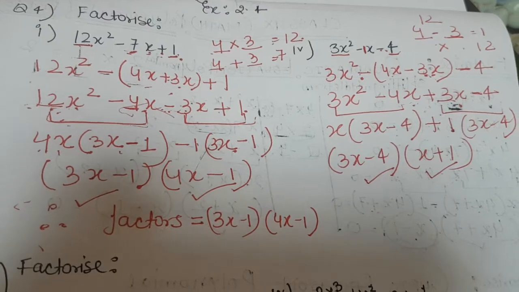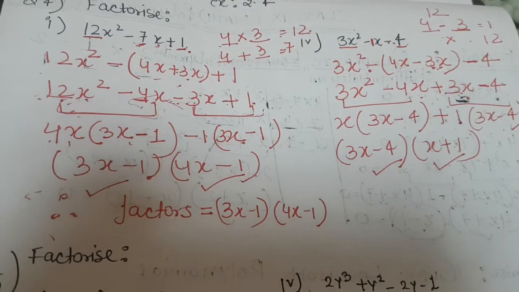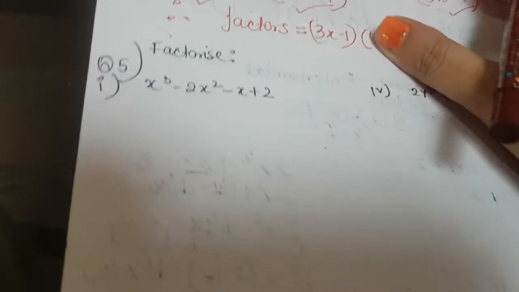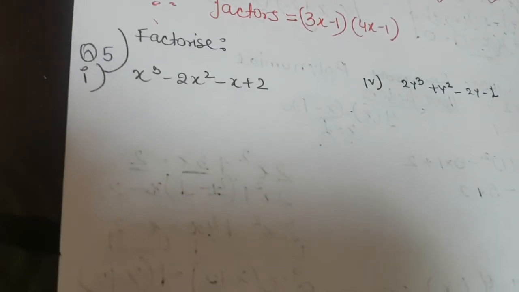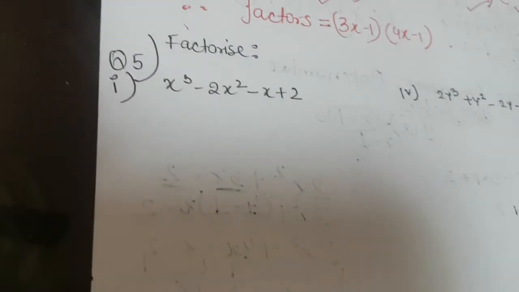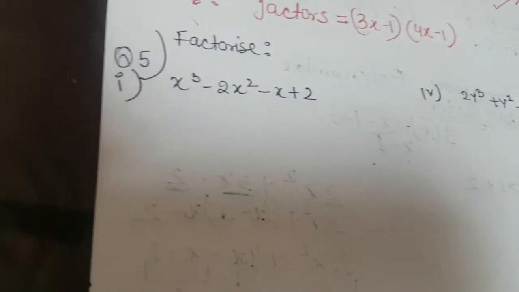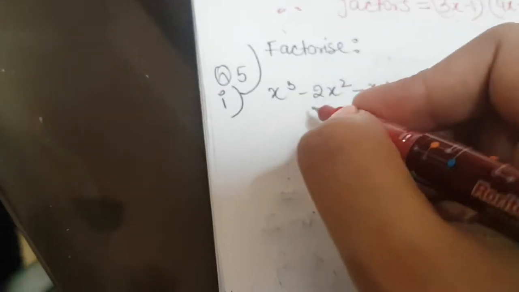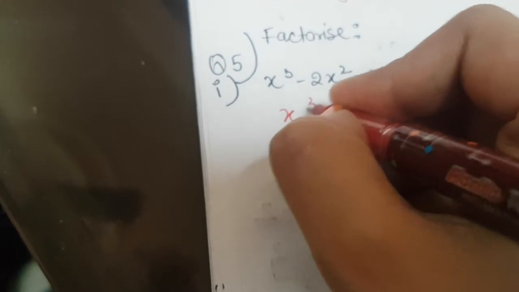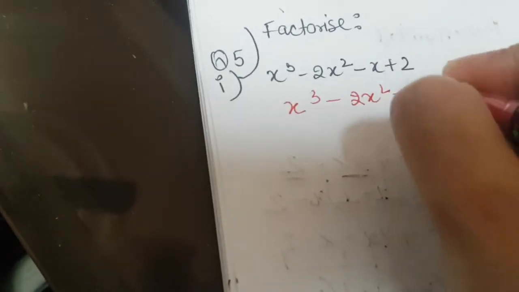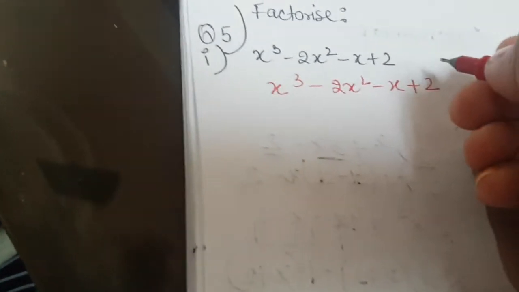So pause your video here and do two more parts. Then start your video again and see the factorization of cubic polynomials, which we have done already, but we will do two more parts. There are 4 parts, we will do 2 more. First one is x cube minus 2x square minus x plus 2.